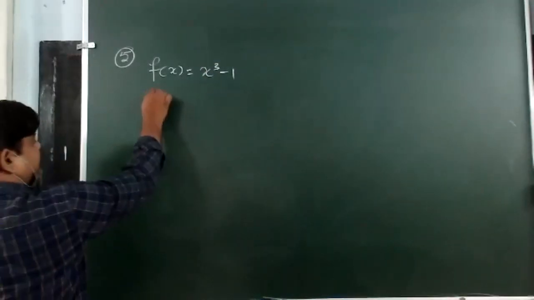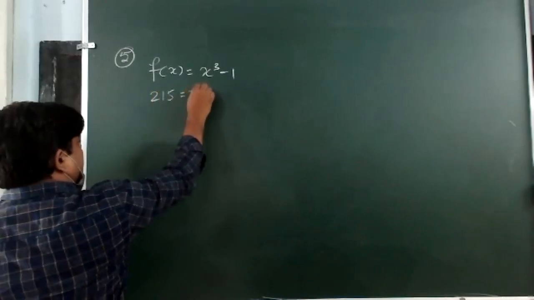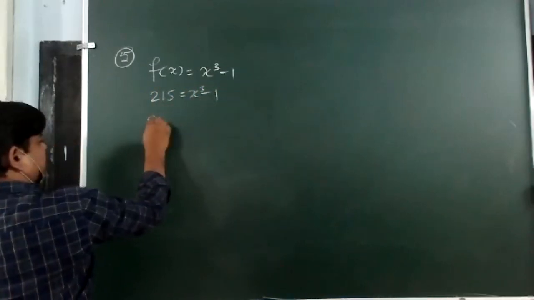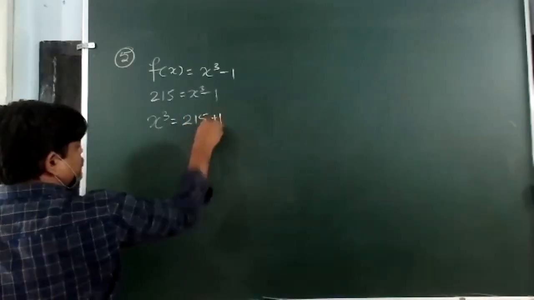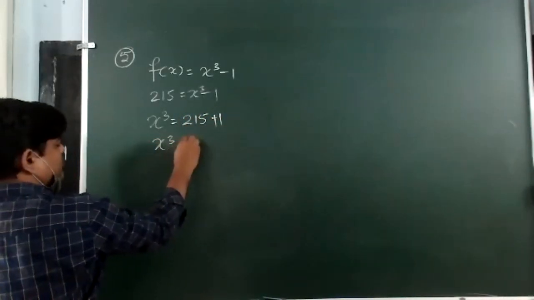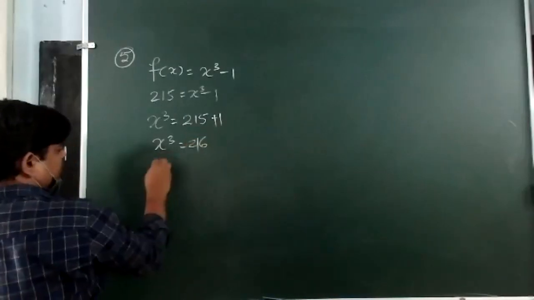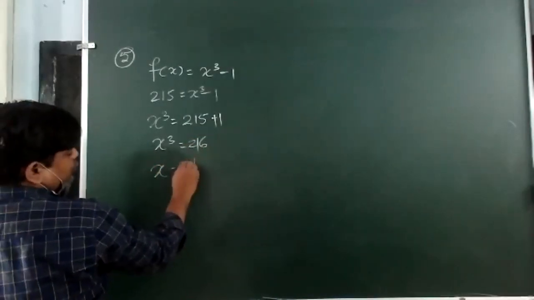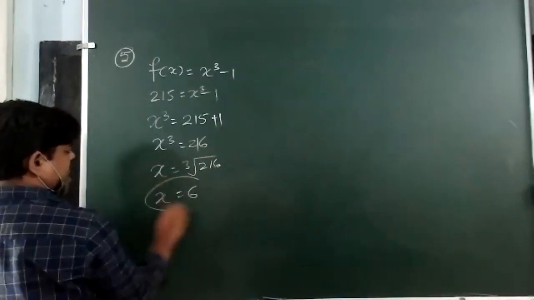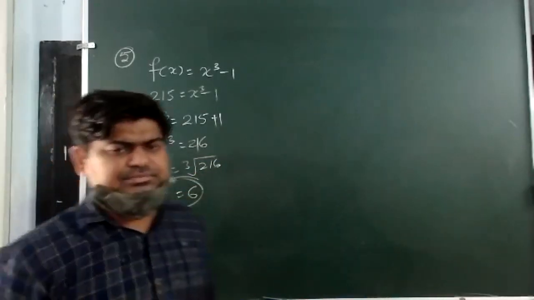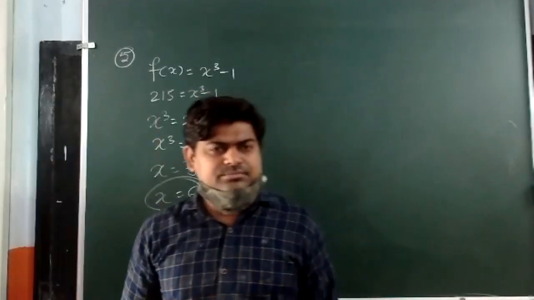So when I have f(x) equal to 215, I get x cube minus 1 equals 215. Then x cube can be written as 215 plus 1. x cube is equal to 216. So definitely x is equal to the cube root of 216, and this is equal to 6. This is question number 5. This is also an easy question.